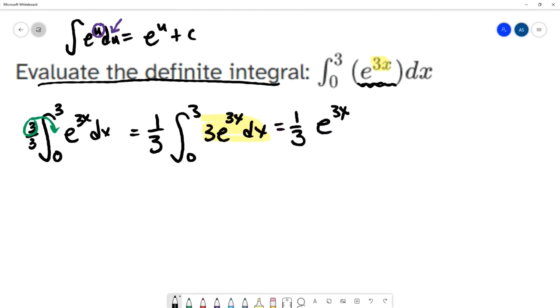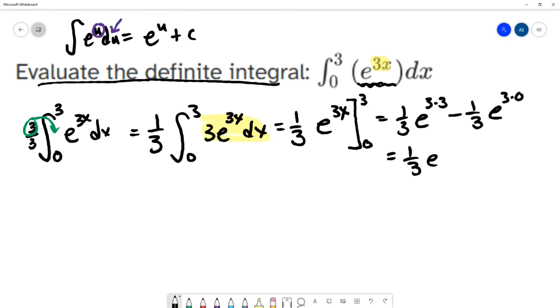e to the 3x. And this is a definite integral with bounds, so I'm not going to put the plus c. We're going to do the bounds from 0 to 3. So using the fundamental theorem of calculus, we would get 1/3 e to the 3 times 3 minus 1/3 e to the 3 times 0.